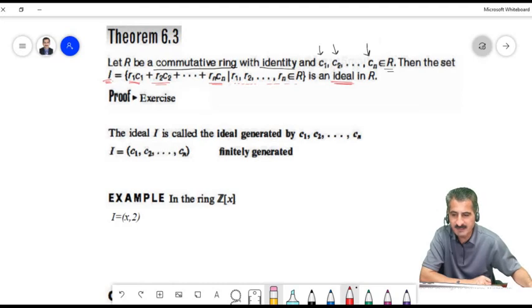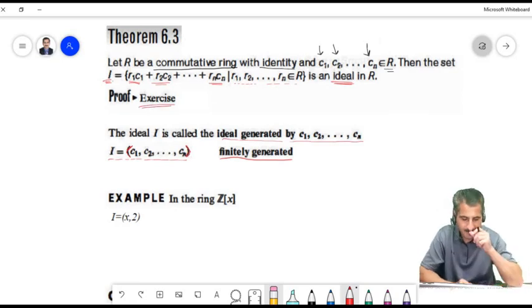This ideal is called finitely generated, and we denote it this way. I may use parentheses this way. So ideal generated by c1, c2, and cn. And the proof is an exercise.